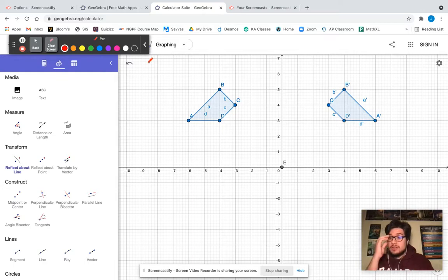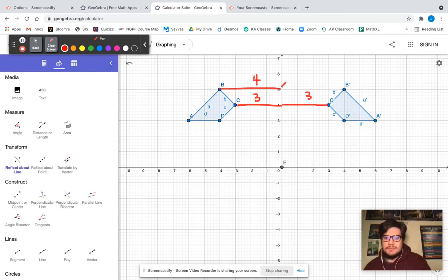And it's a mirror image across what? Across the y-axis. Notice how it's the same number of units away from the origin. It's 3 units away here, and it's 3 units away here. Right? This is about 4 units away from the origin, and we're just talking about from the x values, right? From left to right.